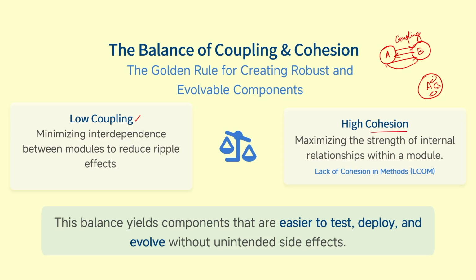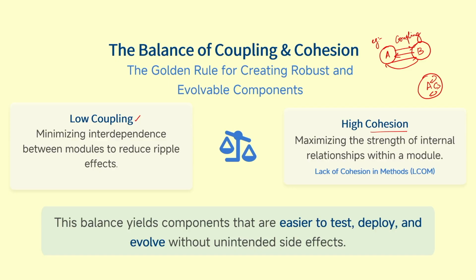So just think, if you have an example like this where you are trying to interact with another module a lot of the time, and you want to change something in A, obviously you might have to change something in B also because they are more or less dependent on each other.